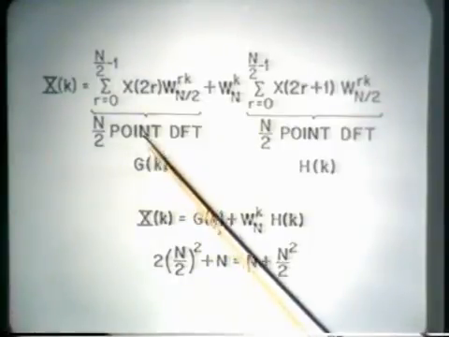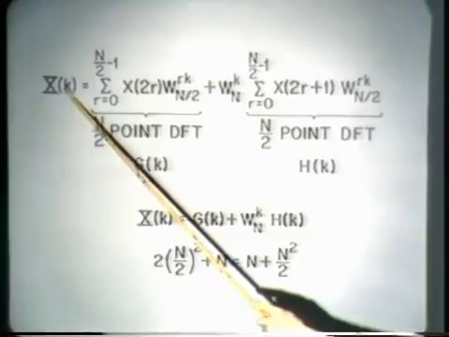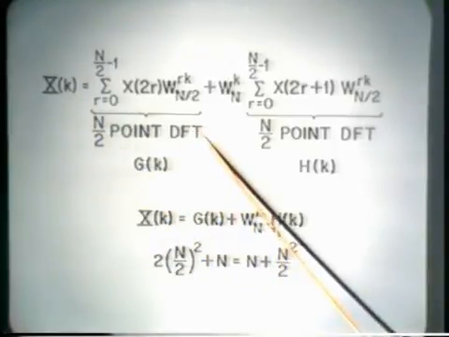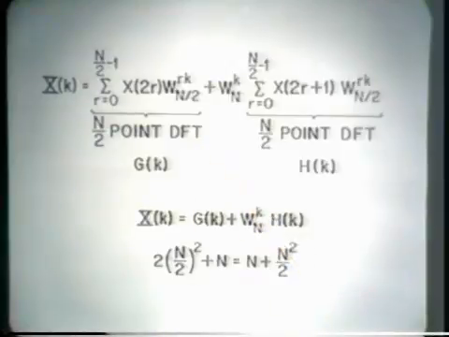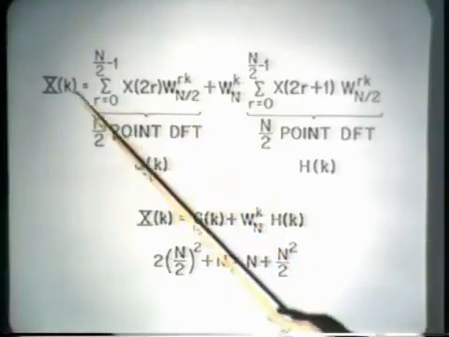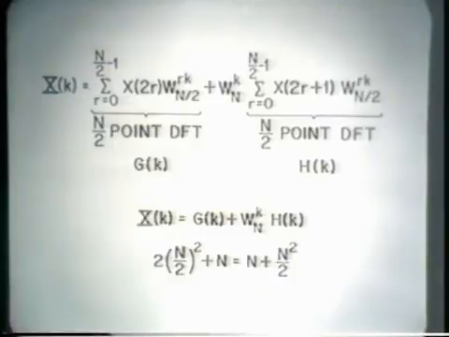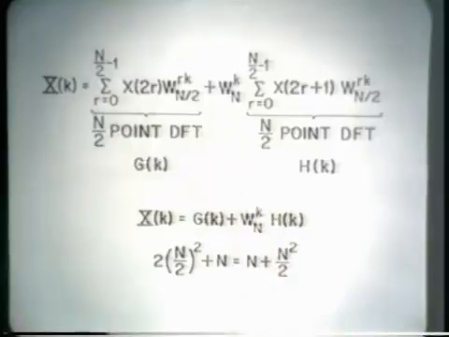Well, we know that an n over 2 point DFT is periodic in k, so that if we compute only the first n over 2 points, we know that the next n over 2 points are going to look exactly the same, and so there's no point in computing them. So the point then is that in computing g of k, even though we want k to run from 0 to n minus 1, we only need to explicitly do this computation for k from 0 to n over 2 minus 1.